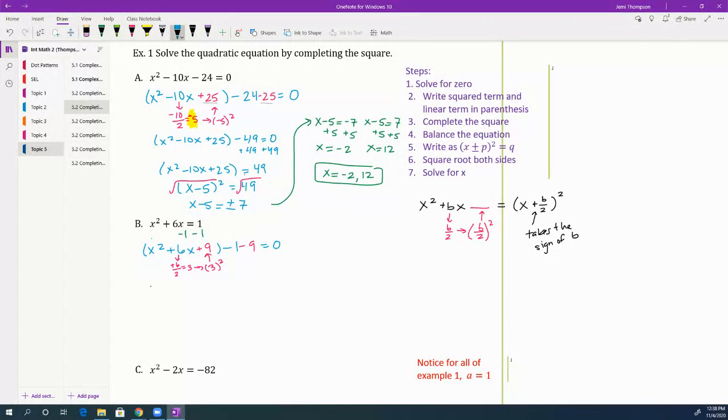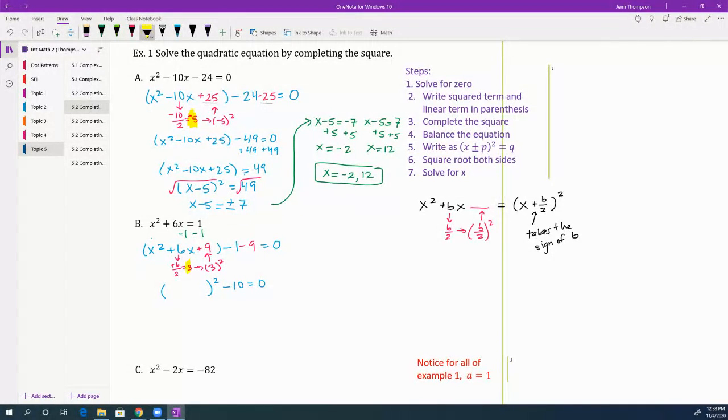The next step is to write this as a perfect square and to move the 9 back over. Not the 9, but the 10. So I can factor this x squared plus 6x plus 9.